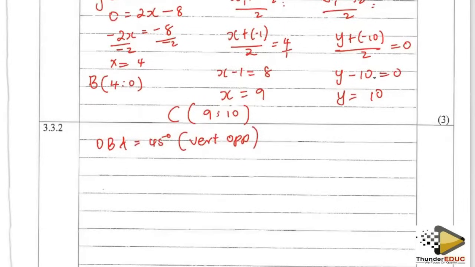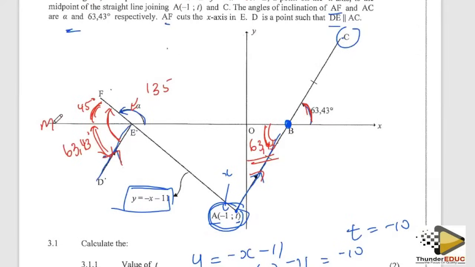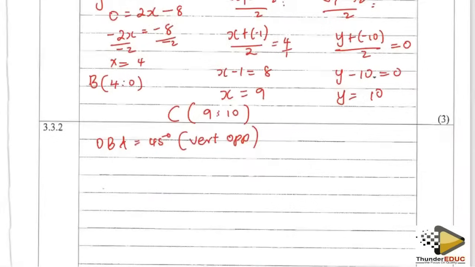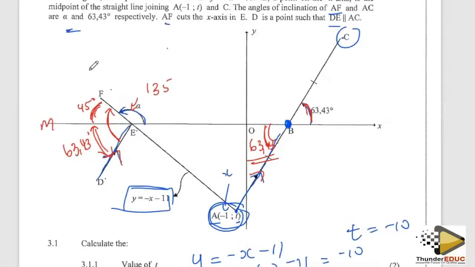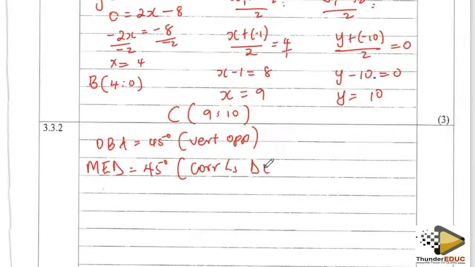And then remember we've created M, so it's going to be MED. So MED is also going to be 45 degrees because those are corresponding angles, for which lines? DE and AC. DE is parallel to AC.